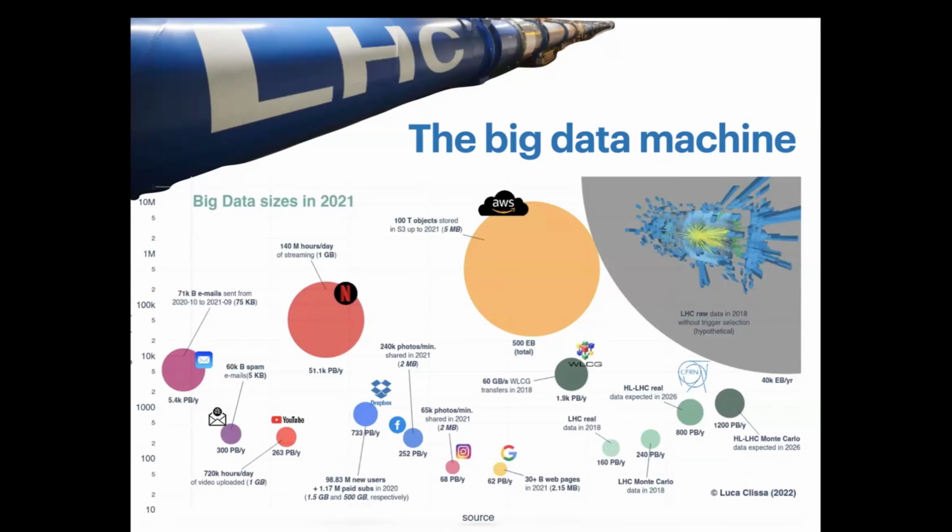But you get the idea that the computing needed to analyze such data is huge. It's on a different scale, and this is just one experiment among many. So that gives you a rough idea of the amount of computing that we require in particle physics.